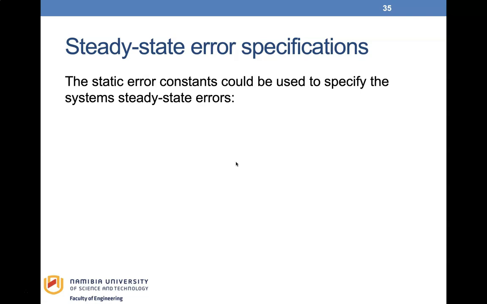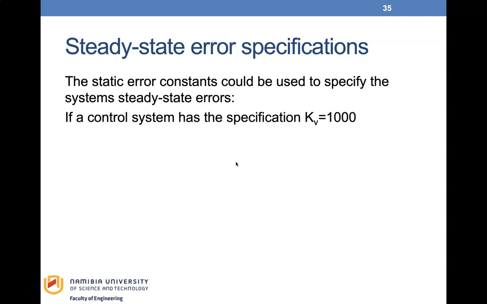In the same light, we use the position constant Kp, velocity constant Kv, and acceleration constant Ka as specifications for the system's steady state error. For example, if a control system has the specification Kv equals 1000, we can draw several conclusions, which include the following.